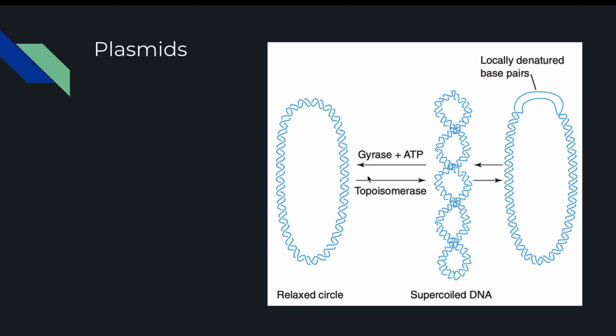Through the help of these enzymes, gyrase plus adenosine triphosphate, marerelax niya yung coil. And conversely, para mag-coil uli yung relaxed circle, you will be needing this enzyme, this topoisomerase.